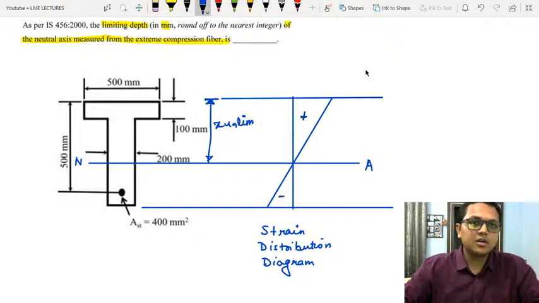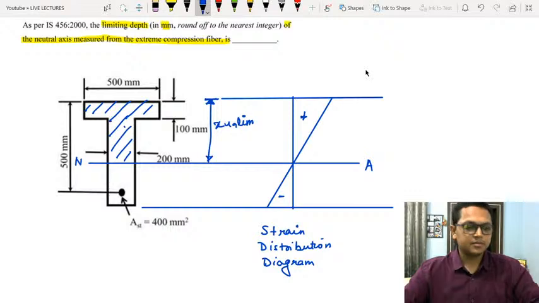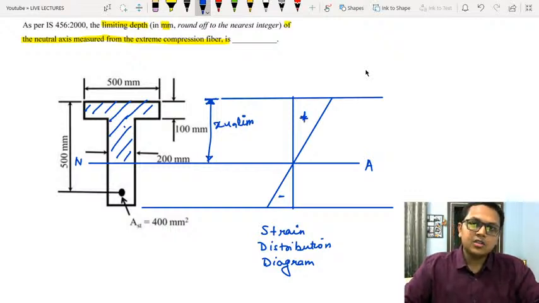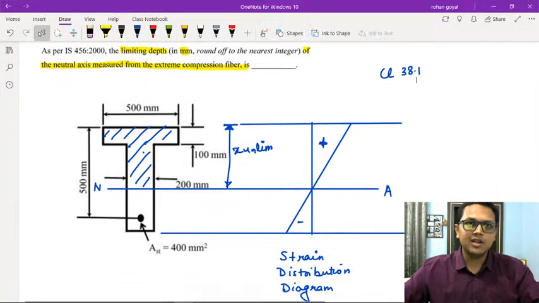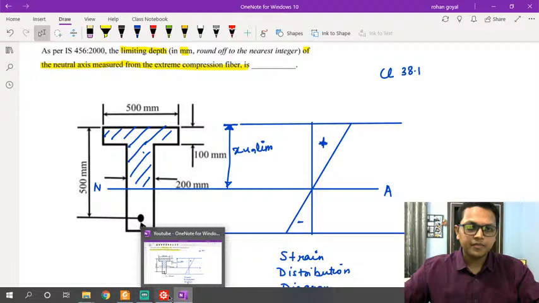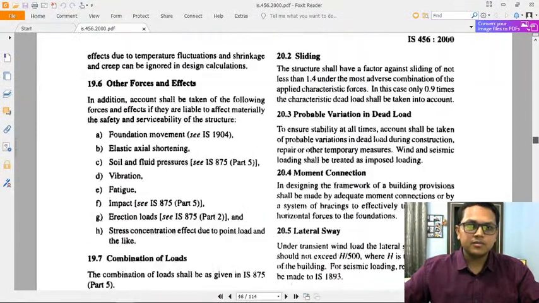Compressive strain in the concrete and tensile strain in the remaining section. So as per IS code clause 38.1, let us open the IS code and see what this clause says. Clause 38.1.